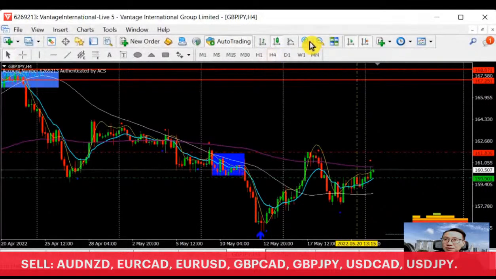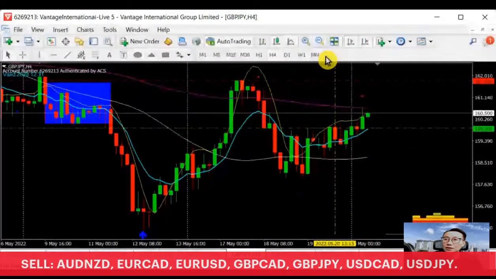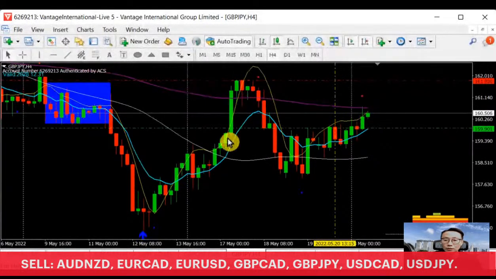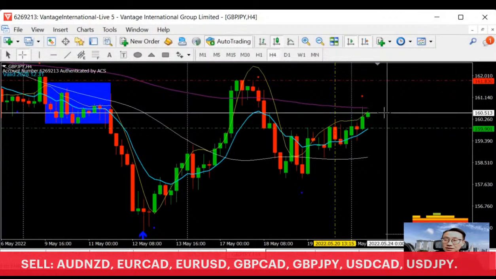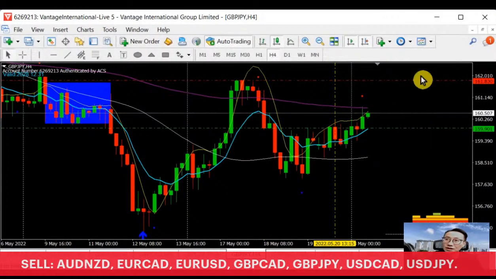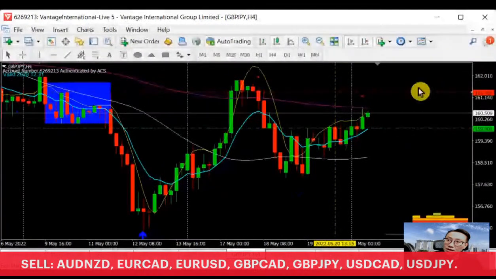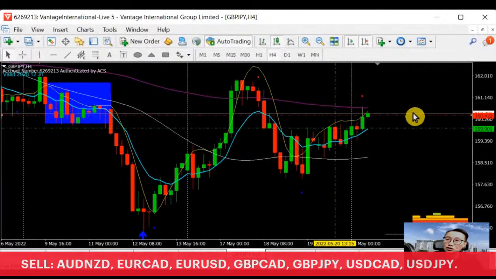Why do I say so? It's because currently we are still in the resistance area. The resistance is from here to here, this area of resistance.